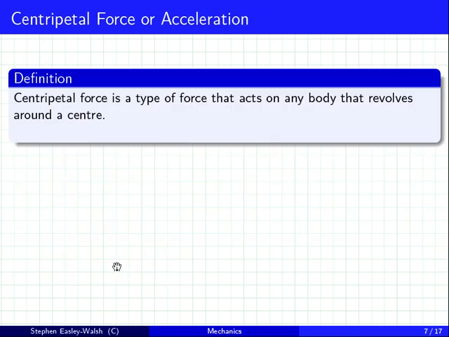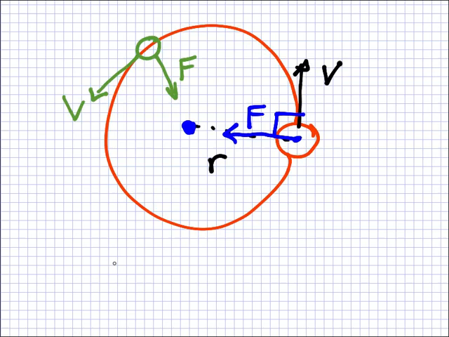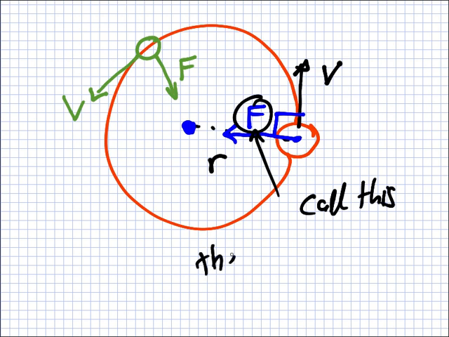You mentioned this word earlier, Dorian, centripetal. So centripetal force is the type of force that acts on any body that revolves around a circle. This force contributes to keeping the body in circular motion. So in other words, we can call this force the centripetal force.